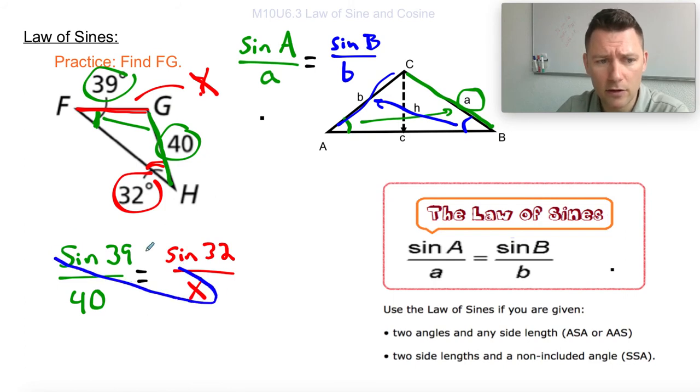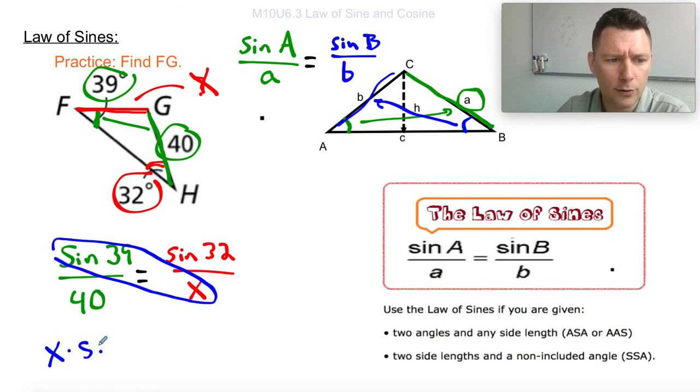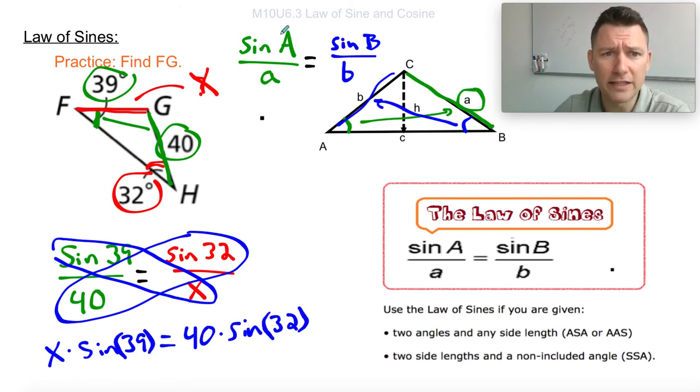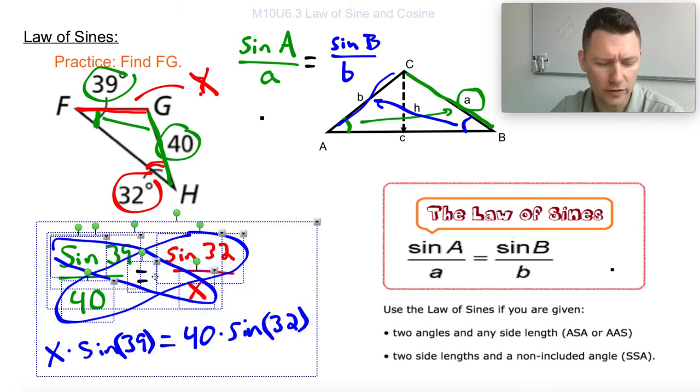Cross product property, so x times the sine of 39 should equal 40 times the sine of 32. The sines will be funky decimals, and then you'll just have to clean them up a little bit from there.